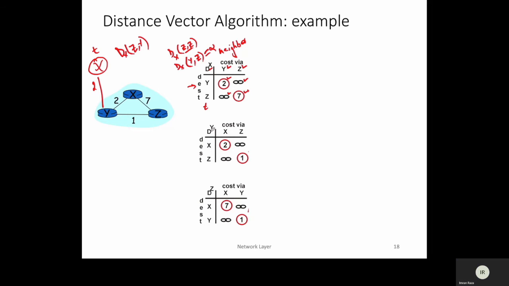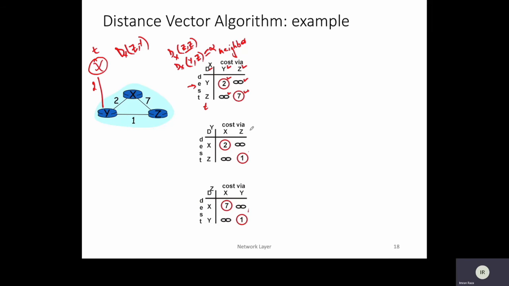Similarly, we have the table for Y. Which are the neighbors of Y? X and Z. So in columns we have X and Z, and X and Z are also two destinations, right? If I assume that there's another router T, where do we have to change for Y?